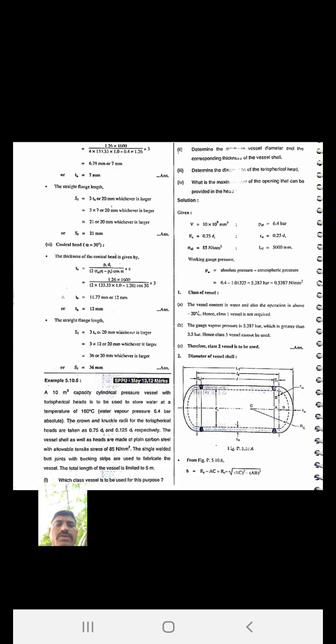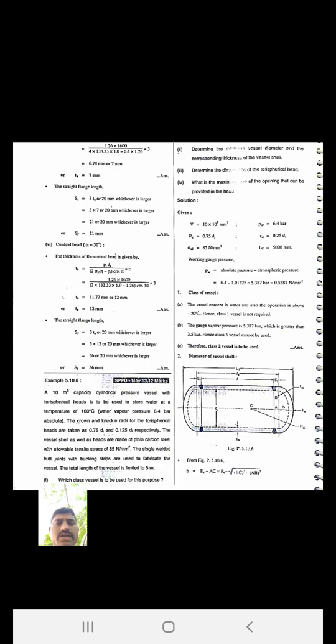Then we have seen class 1, class 2 and class 3 pressure vessels. What is the pressure and what is the temperature inside the pressure vessel as per class 1, class 2 and class 3? As per the given data, you should check which class is given.